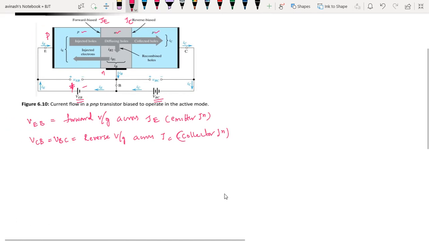Now, consider a PNP transistor that operates in active mode.